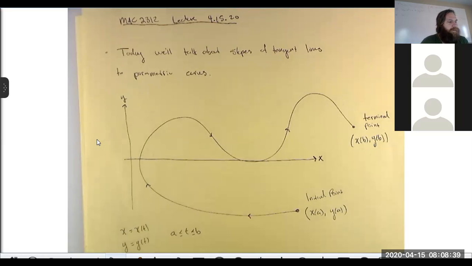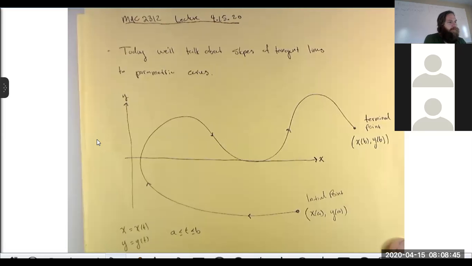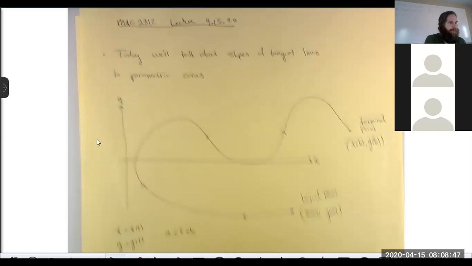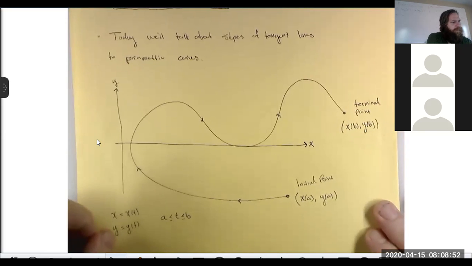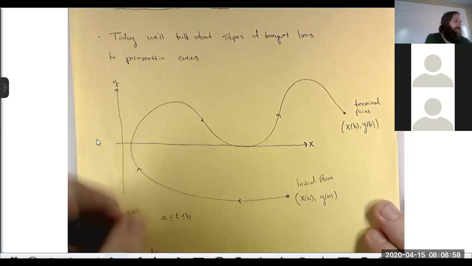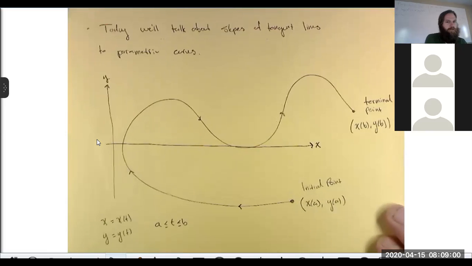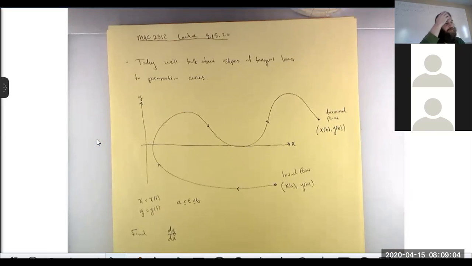The main idea to solving the tangent problem, to solving the slope problem in parametric curves, is finding dy dx, right? So I don't have a relationship between y and x normally.